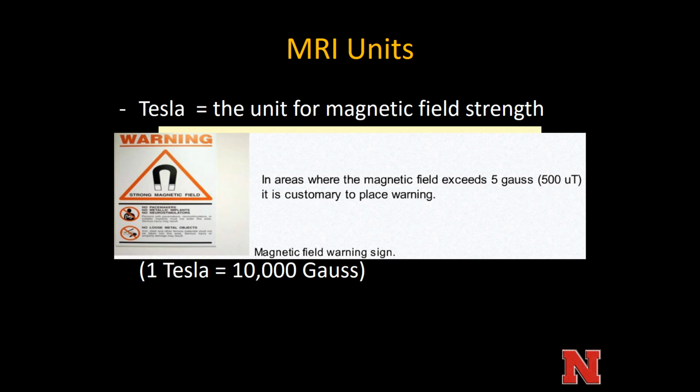Gauss is used for smaller units, and those are typically used for warnings. Like when you go into an MRI scanner, there'll be a 5 Gauss line where there are certain restrictions: take stuff out of your pockets, no loose metal, etc., before you cross that line and enter the magnetic field, which gradually increases the closer you get to the magnet.